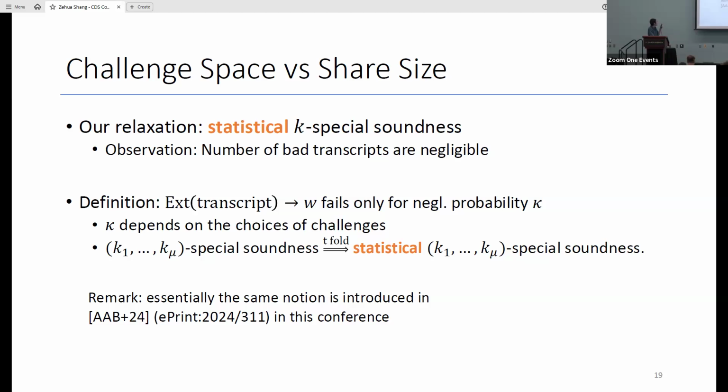So our definition is that, given an accepting transcript, the extractor will fail to extract witnesses only with a negligible probability kappa, and this kappa depends on the choices of the challenges. And we may prove that k1 to k-mu special soundness after T parallel repetitions is statistical k1 to k-mu special soundness. It is remarkable that a very similar notion is introduced in a paper that was also accepted at this conference.